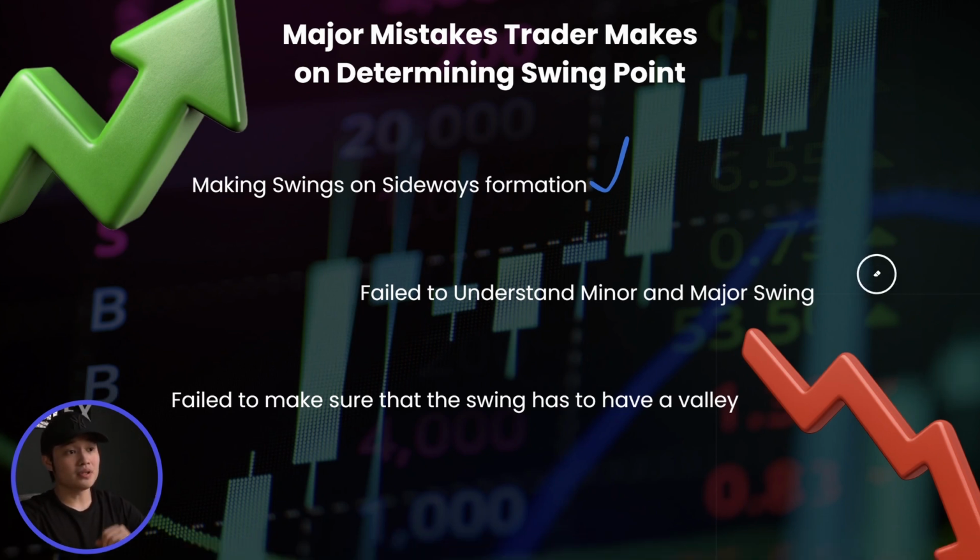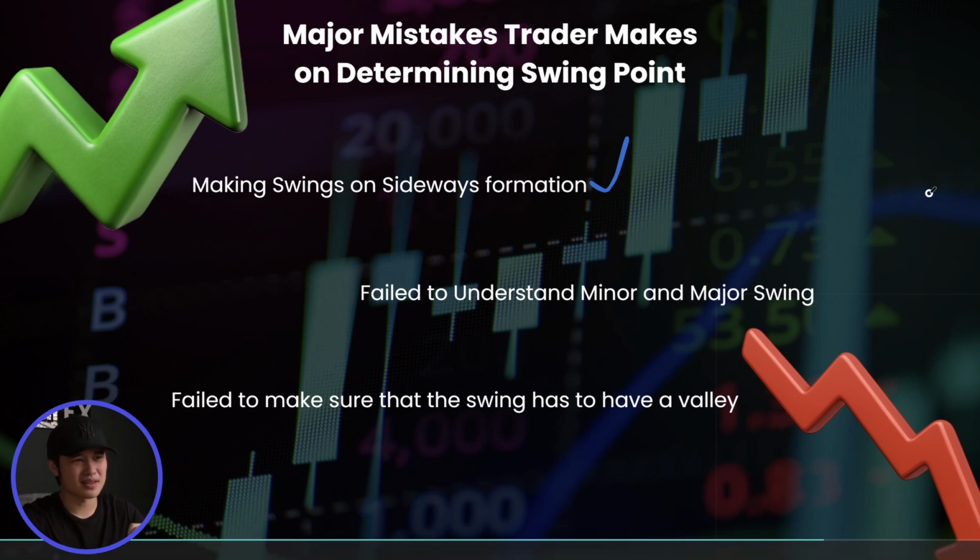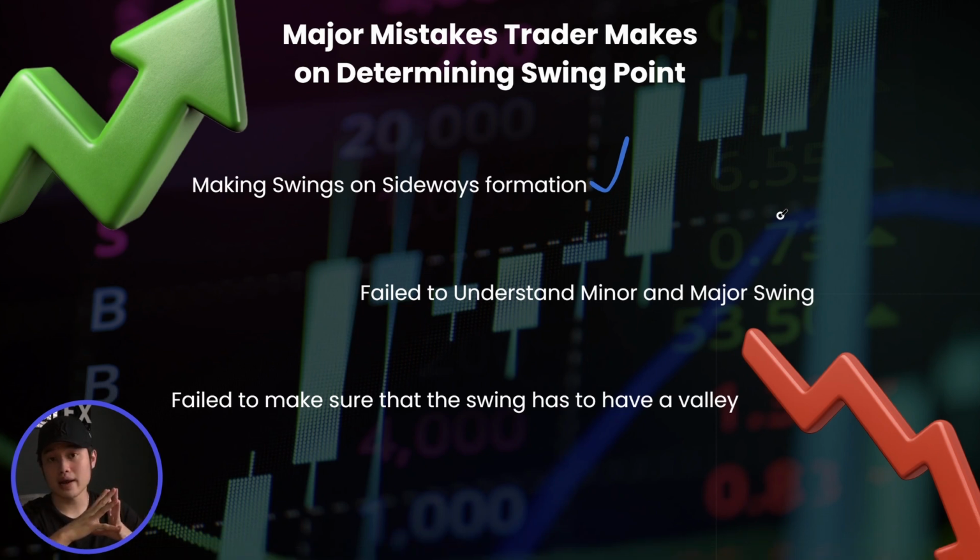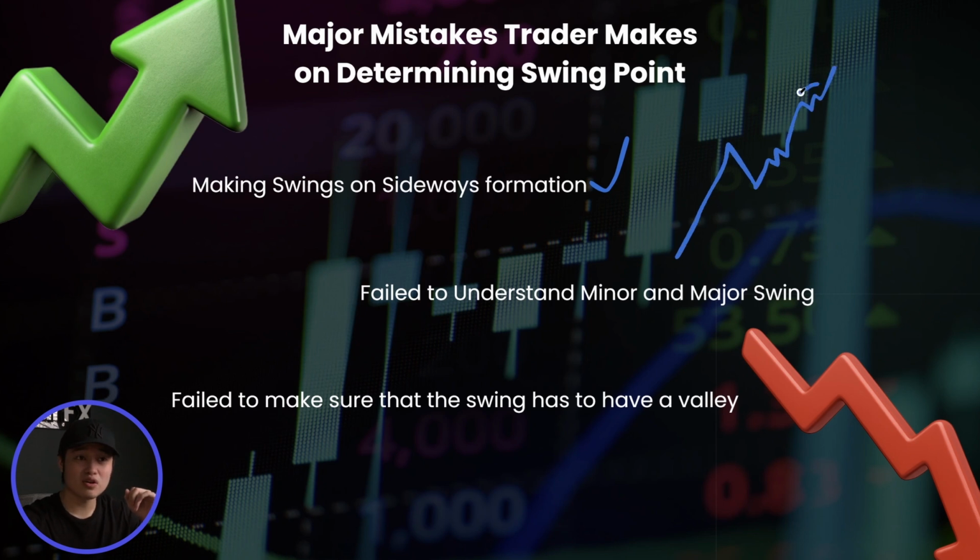The number 2 is failing to understand minor and major swings. What do I mean by that? Price literally moves in trend, and price has some structure, major structure or minor structure. Sometimes we see that there is a bullish phase. If the price makes a rejection and then makes a minor move, but indeed it was in the bullish phase, this is what I call the minor swing or minor trend.